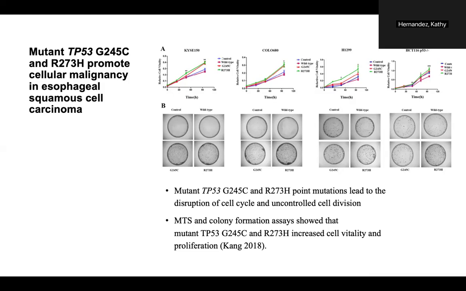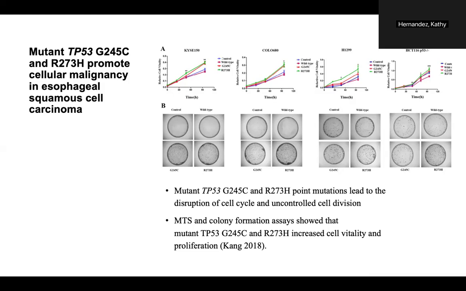The mutant TP53 led to a significantly greater promotion of cell growth than the wild type TP53 transfectants. Compared with the control cells, wild type TP53 suppressed cell proliferation, while the TP53 mutated G245C and R273H cells strengthened cell proliferation abilities.